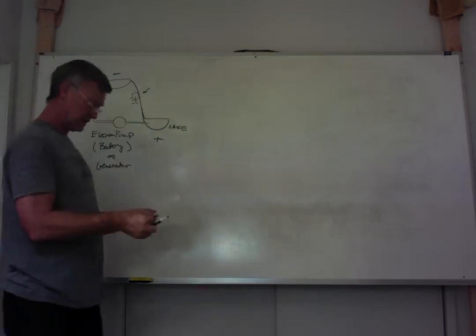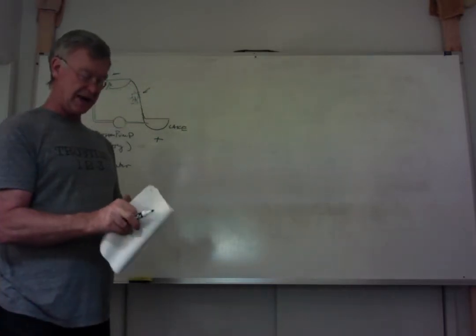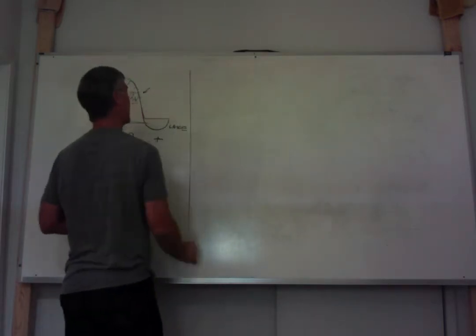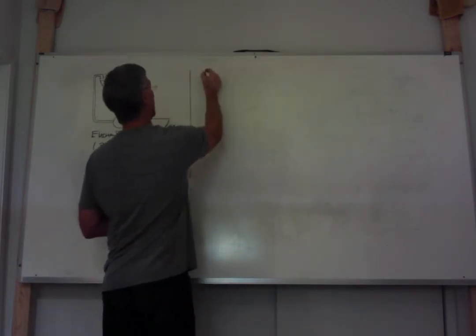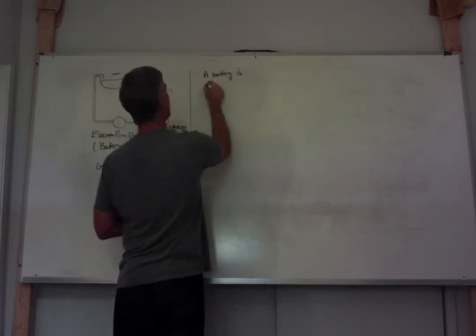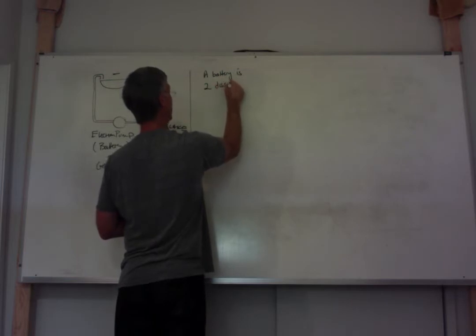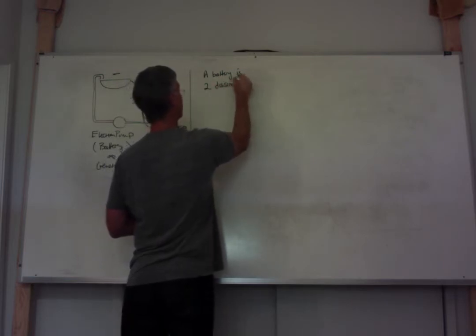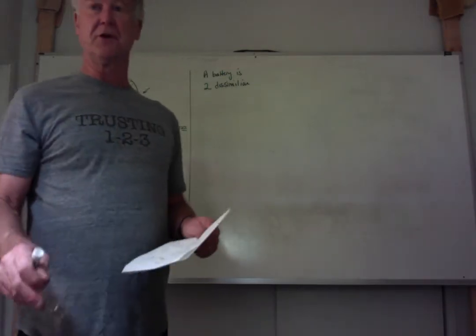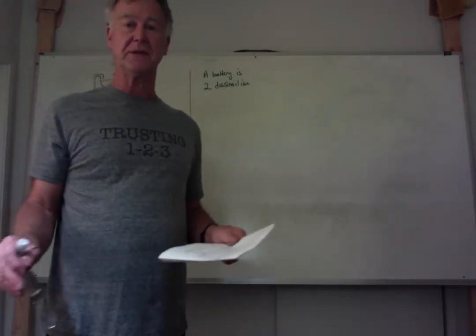So let me talk just a little bit about a battery. Here's how you make a battery. A battery is two dissimilar metals, like copper and zinc, or silver and carbon, a carbon rod.